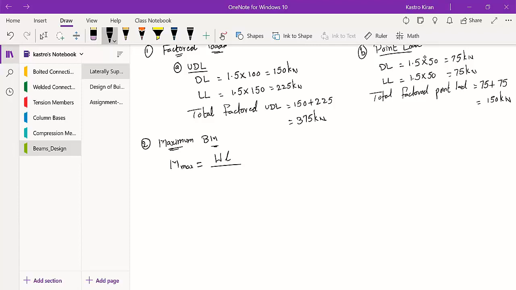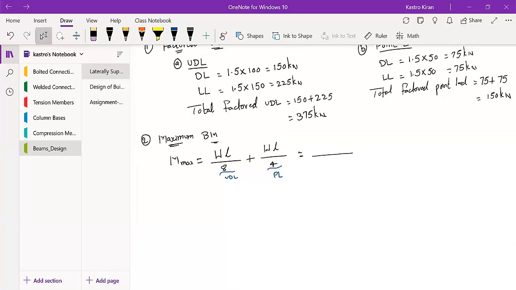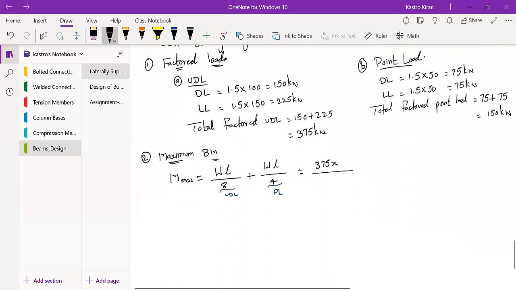So since W is in kilonewtons, I am keeping it as capital W. So capital WL by 8 plus capital WL by 4. This is for UDL load and this is for the point load. Please be aware of this. So here the value of W with respect to UDL load is 375 and the span is given, which is 7 meters.